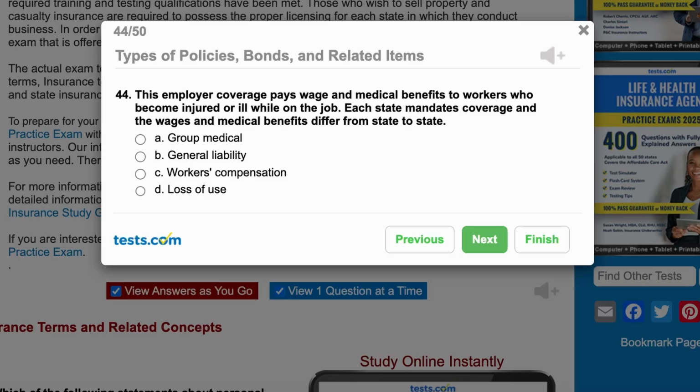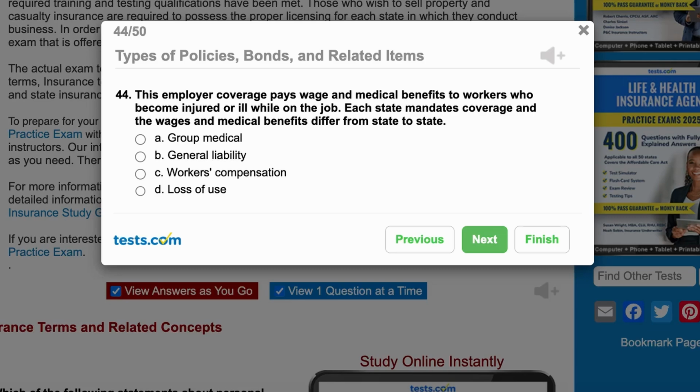Question 44. This employer coverage pays wage and medical benefits to workers who become injured or ill while on the job. Each state mandates coverage, and the wages and medical benefits differ from state to state. A. Group medical. B. General liability. C. Workers' compensation.